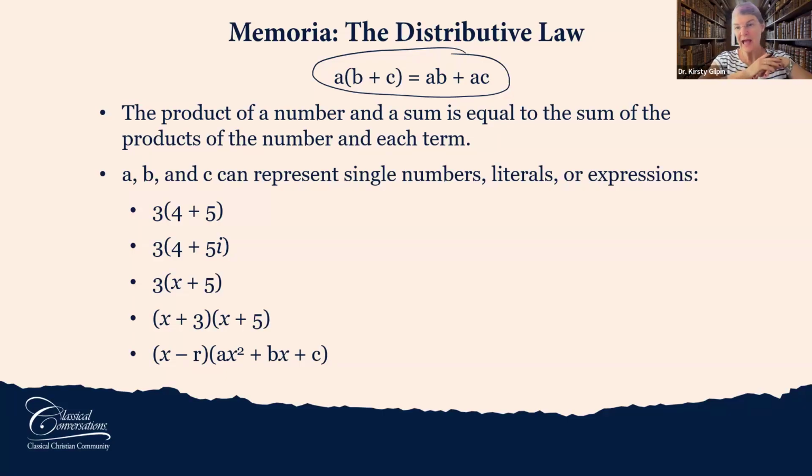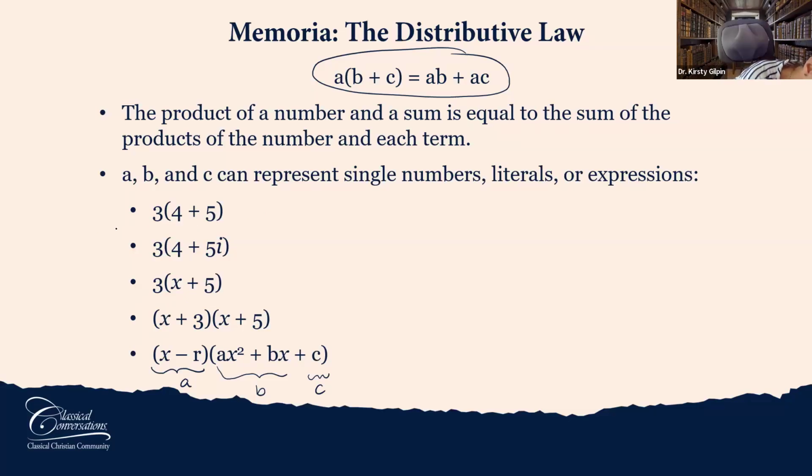I can have any number of things inside my parentheses, but the first factor is going to be my A, and then this could be my B, and this is my C. It all works the same way. So all of these different multiplication examples come back to the distributive law.